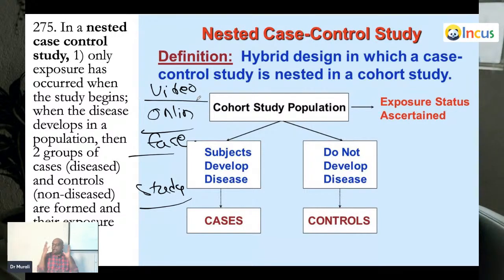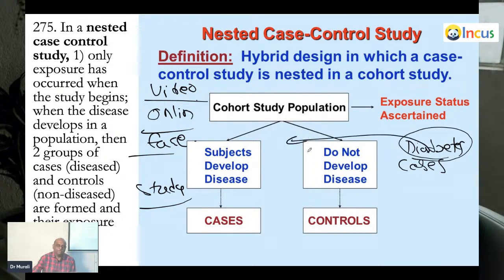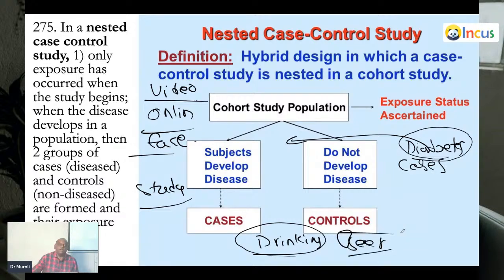So, what is the main problem in case control? Bias. Because already cases have, let us say, diabetes, right? And you are asking these diabetic people, let us say, about drinking beer and getting diabetes. What is the relation you want to study?